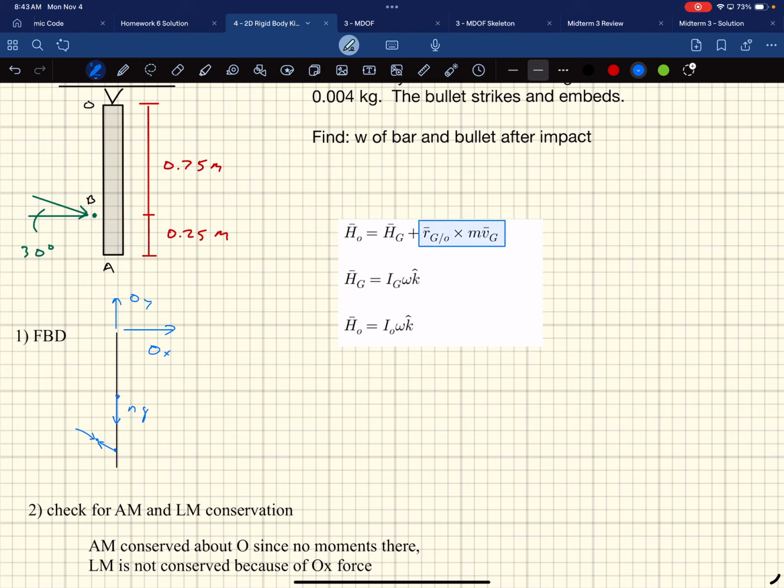The bullet would probably be spinning, but about different axes, and it also has a really small moment of inertia, so we're going to ignore the angular momentum about its own mass center. But we will have an R cross M VG term. We are going to have a moment of linear momentum, and this is what we did with particles too. When we talked about linear momentum of particles, this is what it was, just R cross M VG.